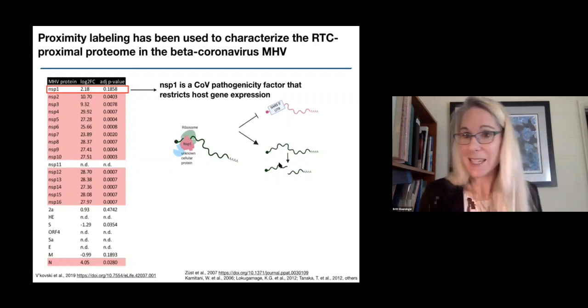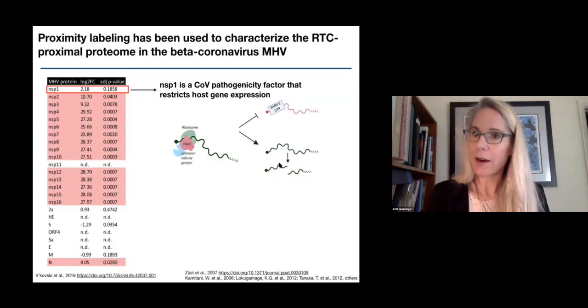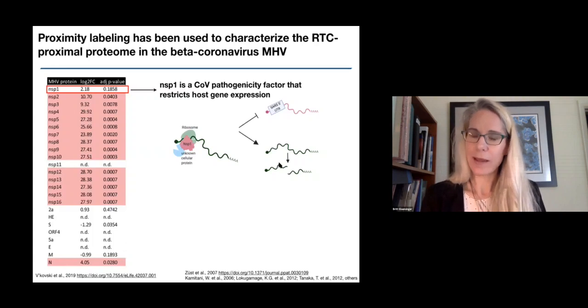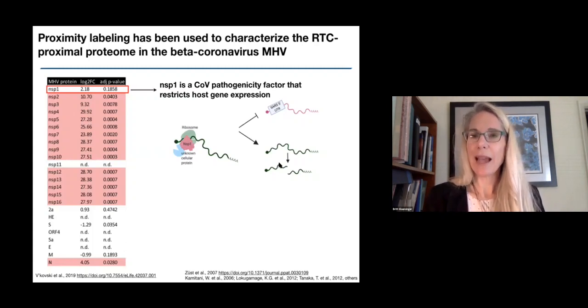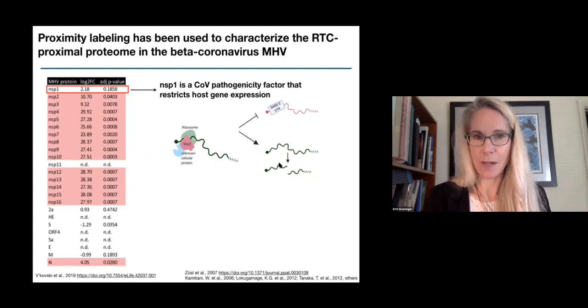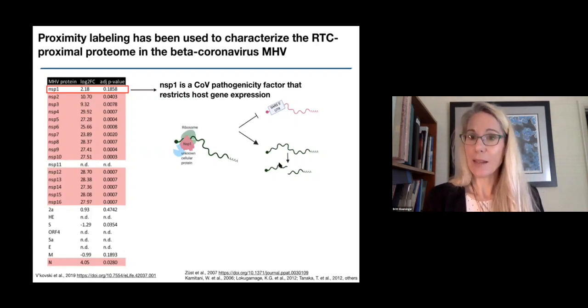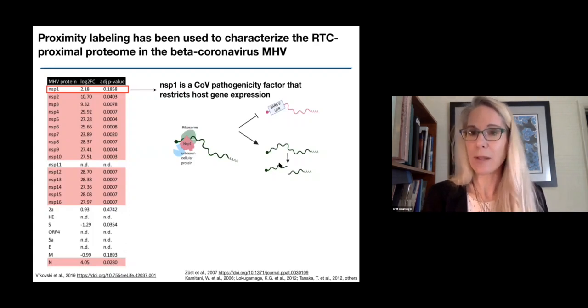And so this is an important pathogenicity factor for the virus, because the consequence of inhibiting host gene expression is twofold. One is that viruses tend to do this because it helps them outcompete host transcripts for translation machinery. They don't want to have to compete. They want to steal as much of the translation machinery for themselves as possible, and host shutoff enables them to do that.